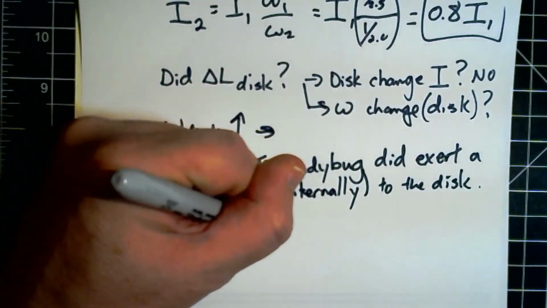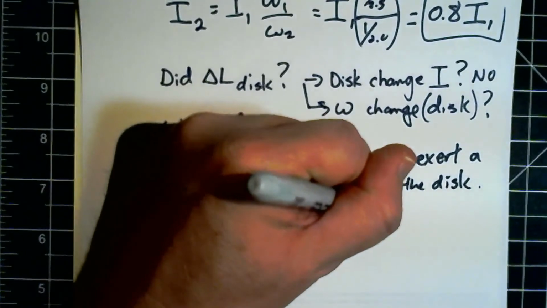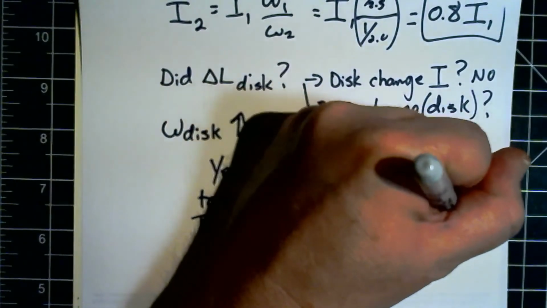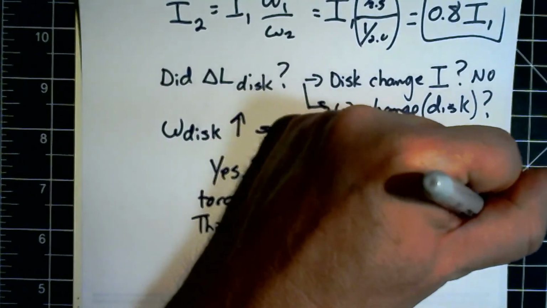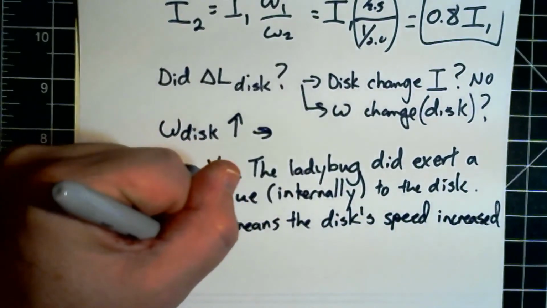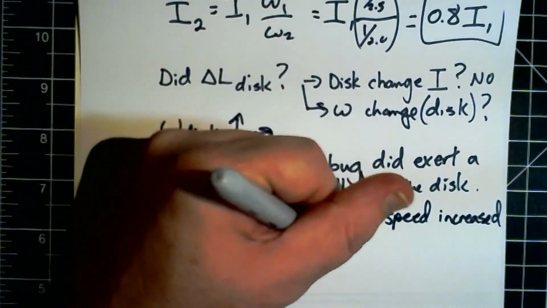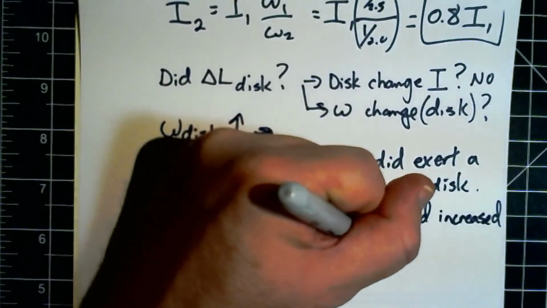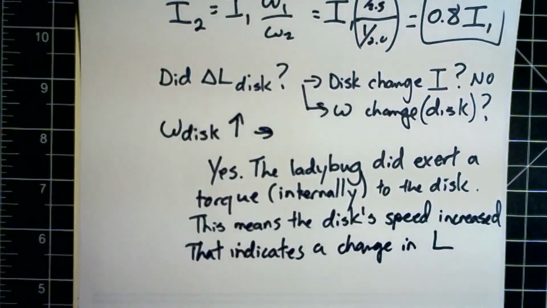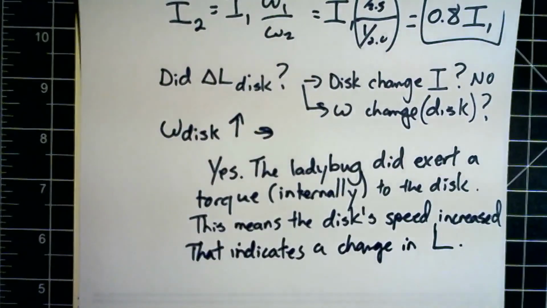This means the disk's speed increased. That indicates a change in angular momentum. And that's your solution for part C.